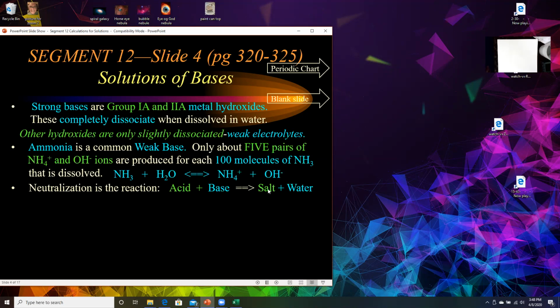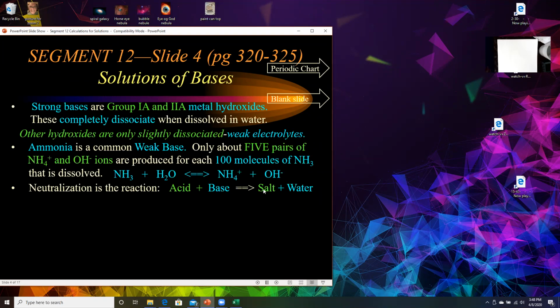The cation of the salt would come from the base. It'll be some metal hydroxide. The water would come from the H of the acid reacting with the hydroxide part of the base to make the water.